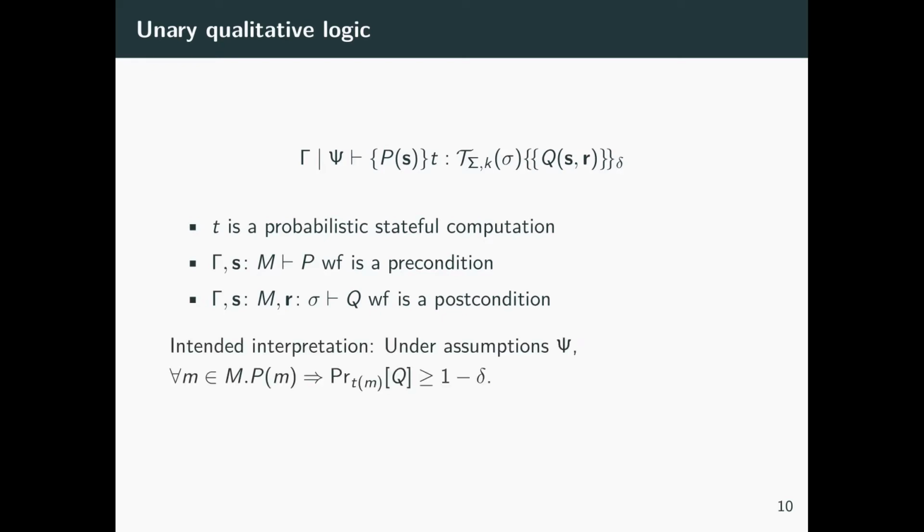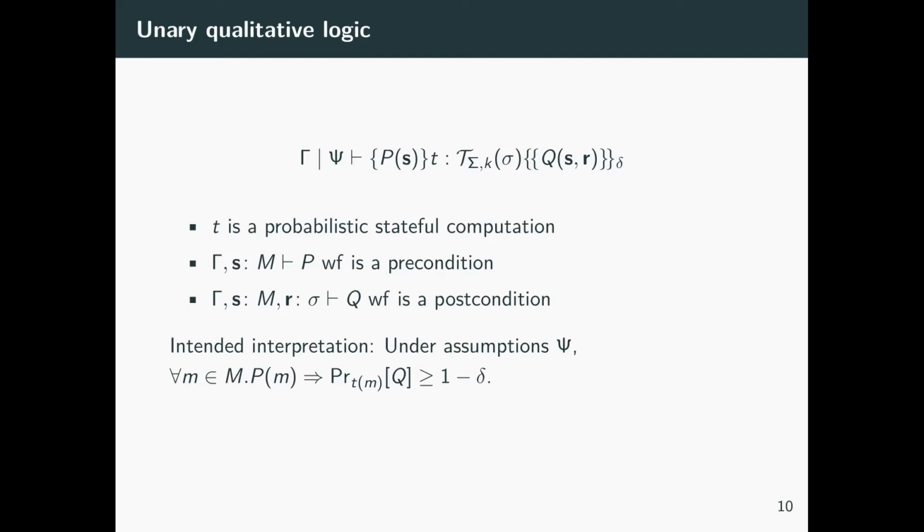Here the output is probabilistic, so the actual meaning of the judgment is that if the precondition P holds for the initial memory, then the output will satisfy the postcondition Q, at least with probability 1 minus delta. Or in other words, the judgment can fail to satisfy the postcondition with probability delta.